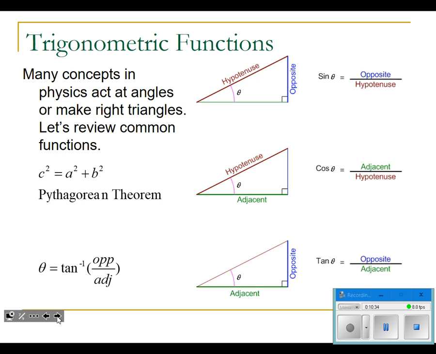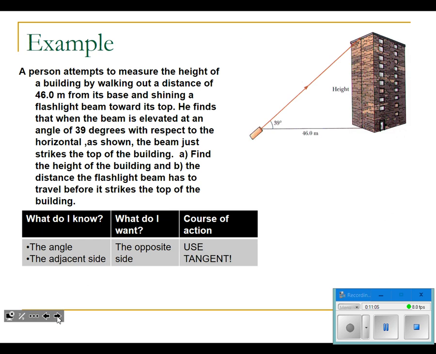Remember, to find an angle, you're going to use the inverse trig function, so we could use the sine to the -1, or the cosine to the -1, or tangent to the -1 to find the angles. But sine, remember, is SOH, opposite over hypotenuse. Cosine is adjacent over hypotenuse, and tangent is TOA because it's opposite over adjacent.